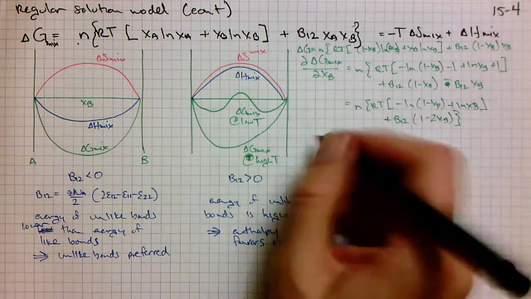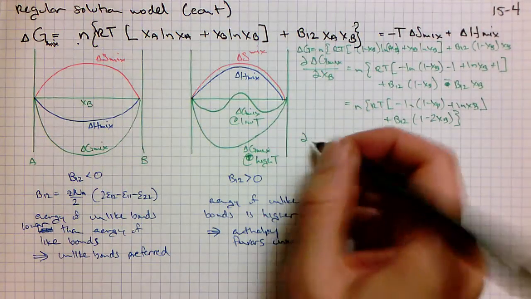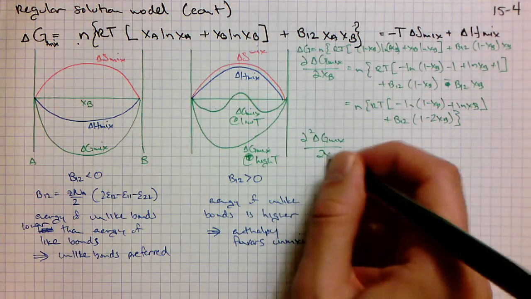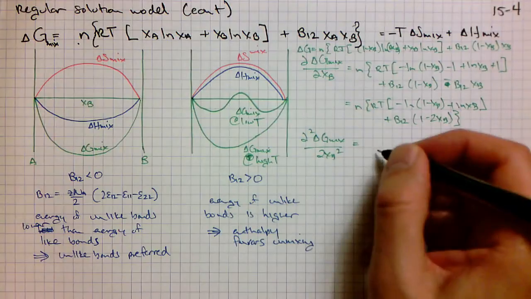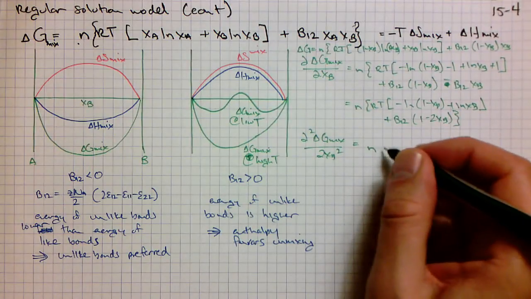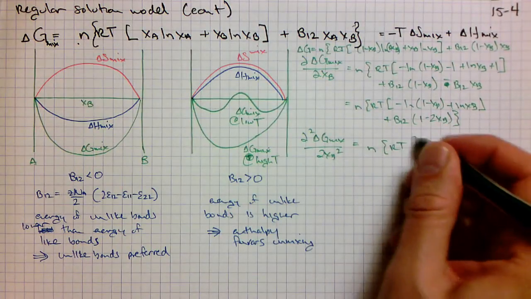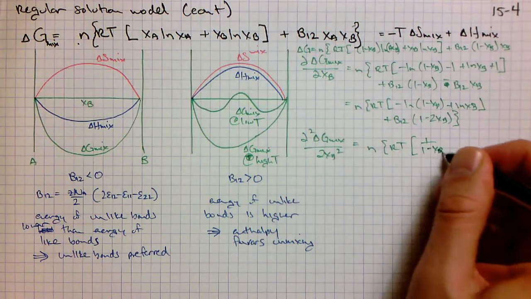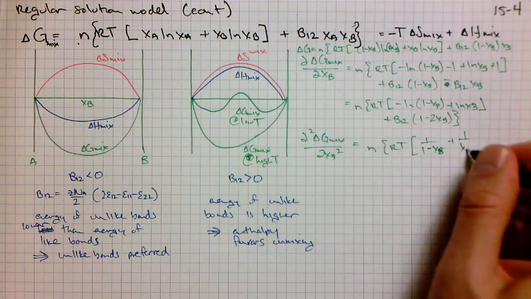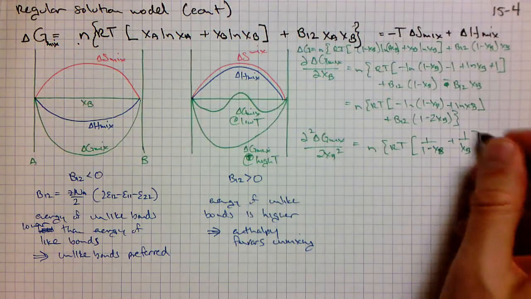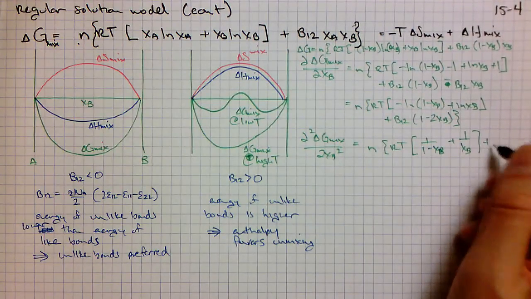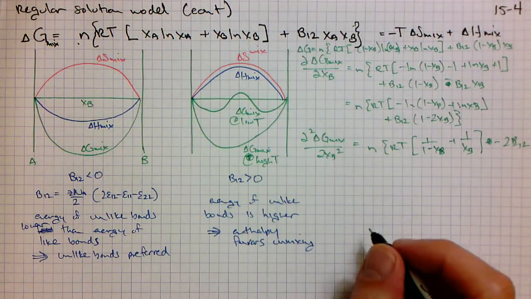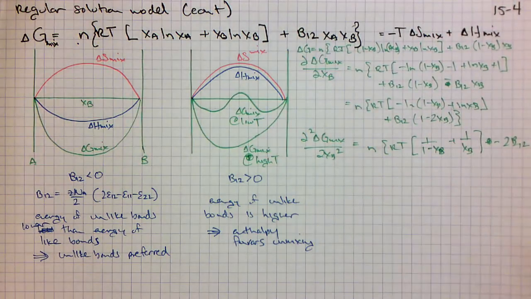And then we can take the second derivative, and that gives us N times RT times 1 over 1 minus XB plus 1 over XB, plus or minus 2B12.